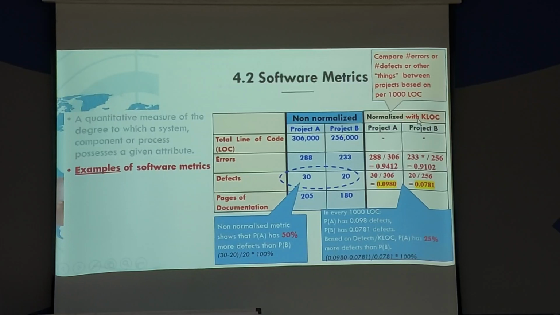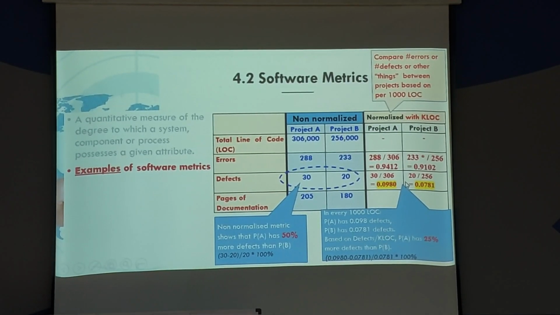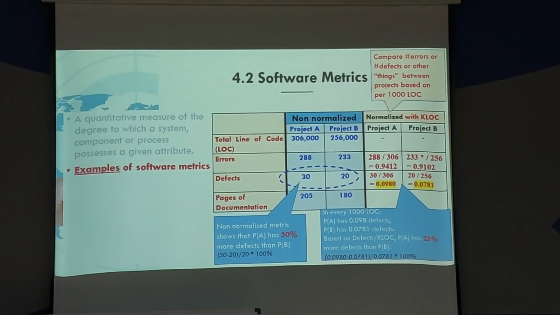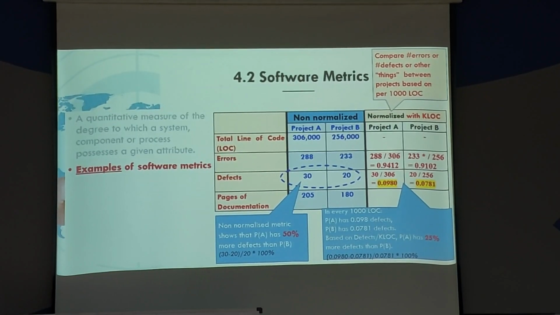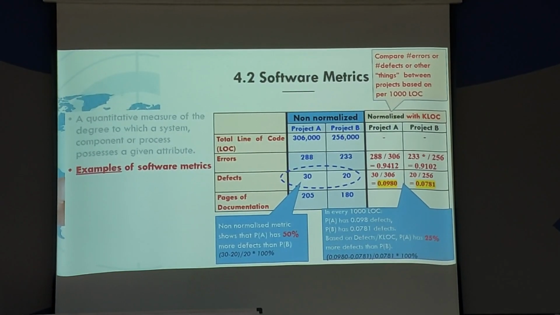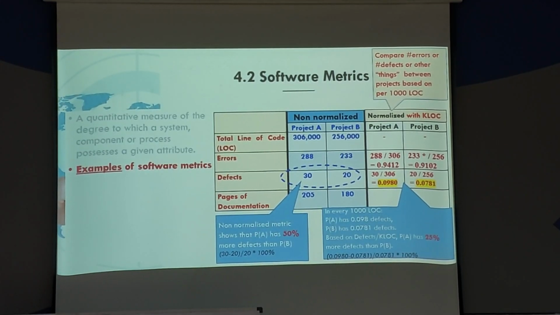When you normalize with KLOC, we are comparing project A, chopped into 1,000 lines of code, and project B also chopped into 1,000 lines of code. Now we compare project A and B based on per 1,000 lines of code, and see what the defects are. Why we do this is to make a fairer comparison.